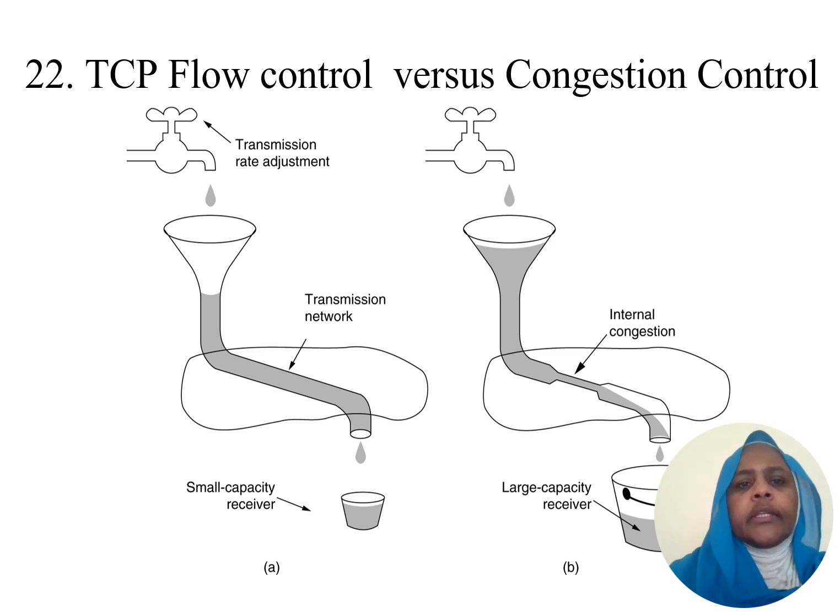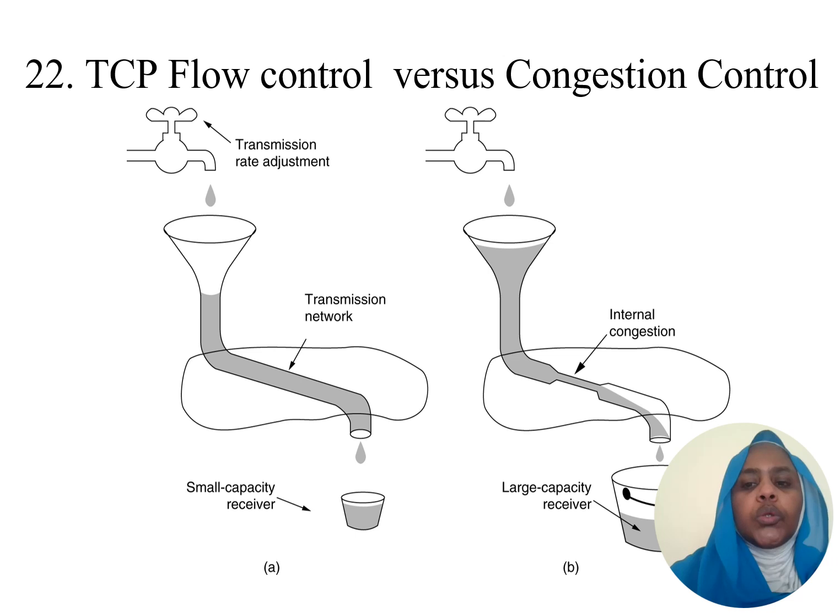The difference between flow control and congestion control can be illustrated as follows. If we imagine a tap which controls the transmission rate, flow control happens when the sender has more capacity than the receiver, so that the sender cannot overwhelm a receiver with small capacity with data.